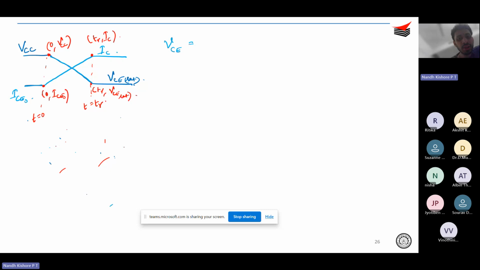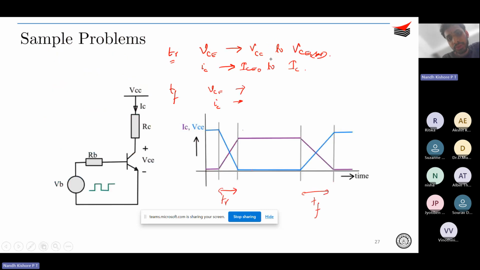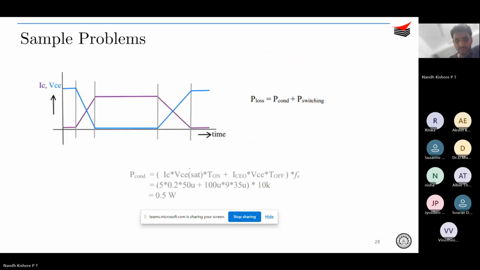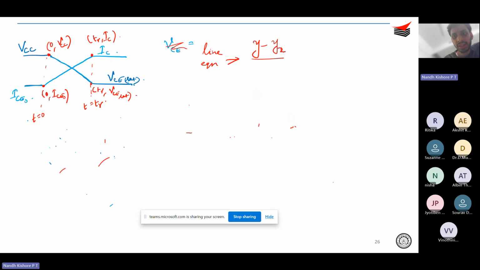From this you can write the voltage expression or line equation. So what is the line equation? y minus y2 by y1 minus y2 is equal to x minus x2 by x1 minus x2, right?